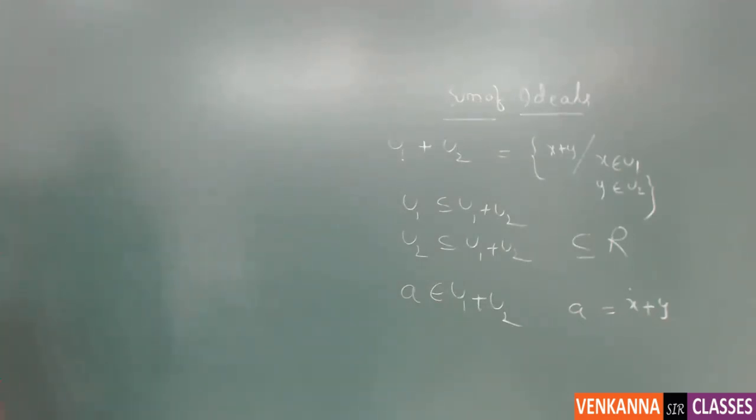I think you can prove that U1 plus U2 is an ideal. Can you prove it, or let us discuss it now? Please specify. Are you able to prove that U1 plus U2 is again an ideal? Is it within your range to show it by verifying the two conditions of the ideal?